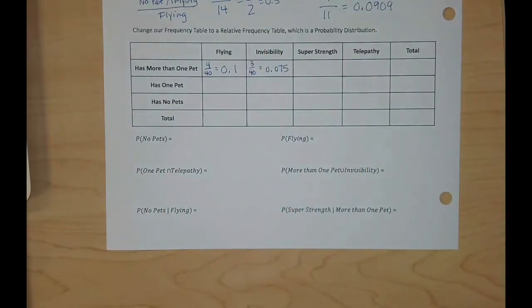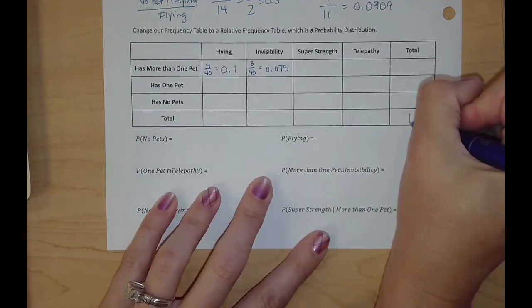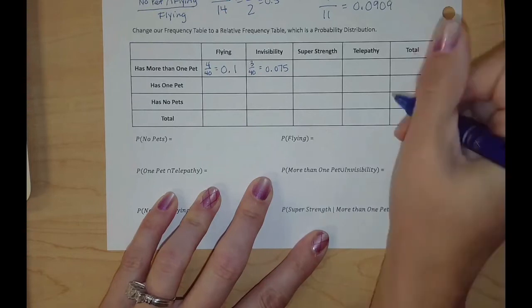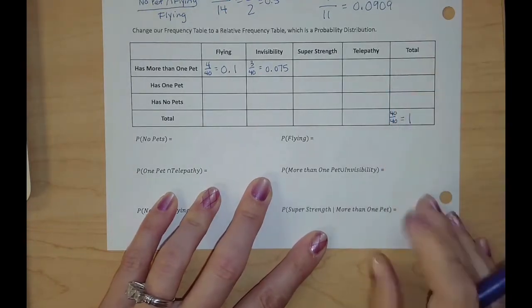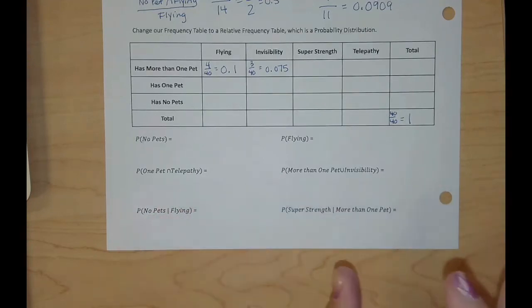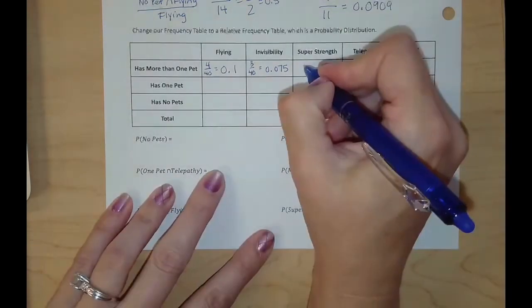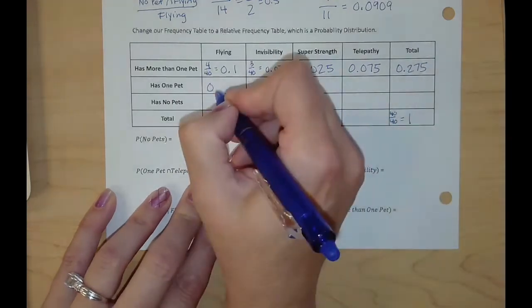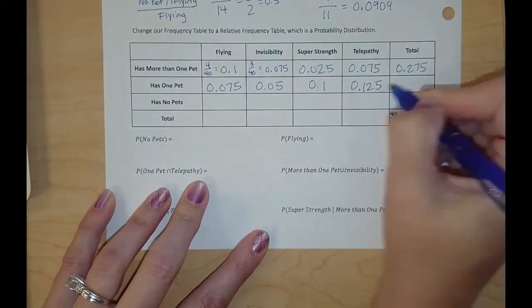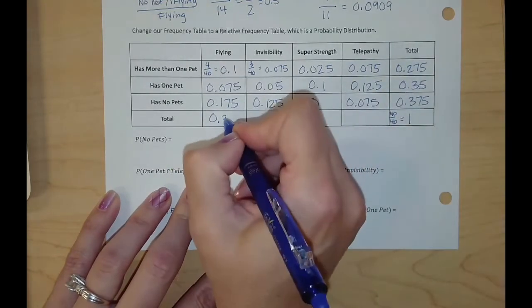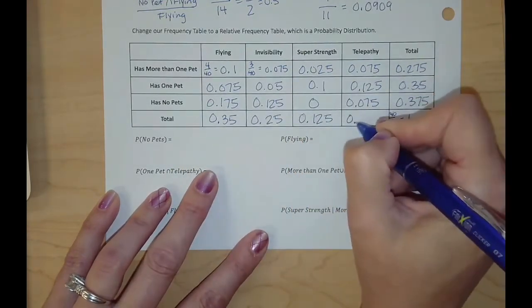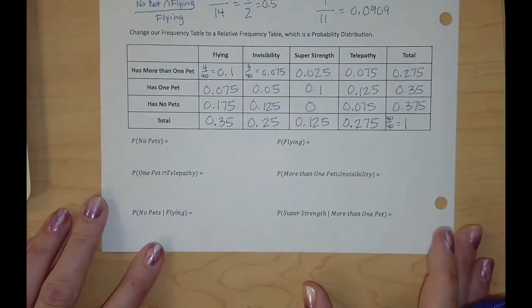Okay, everything is over 40 because that's our total, which means if we had a 40 out of 40 down here, then that would mean we have a probability of 1 or 100%, right? So go ahead and fill that out. Have all of those filled in.